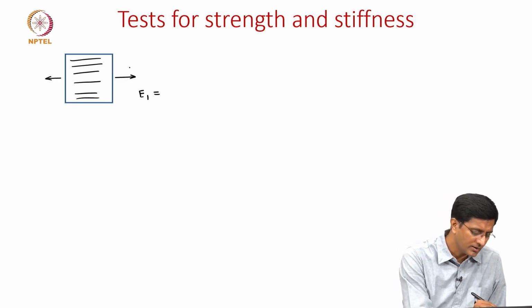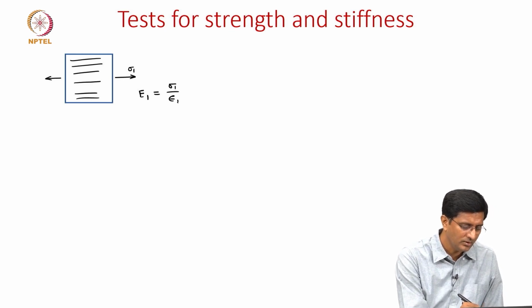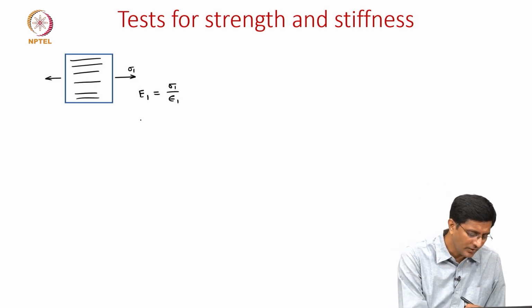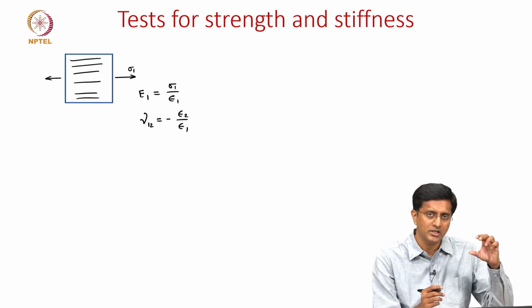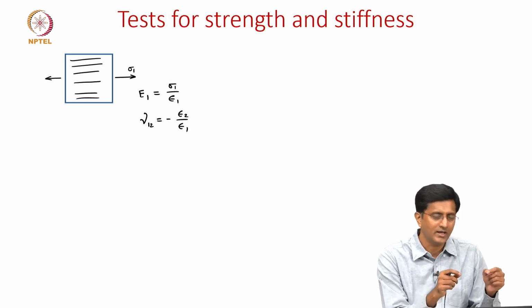So let's say we applied a stress sigma 1 and we have received epsilon 1. This should give us the modulus E1. And we can also find the Poisson ratio nu12, where we can write it as epsilon 2 by epsilon 1, meaning we need to find the strain in the transverse direction as well as the strain in the axial direction.